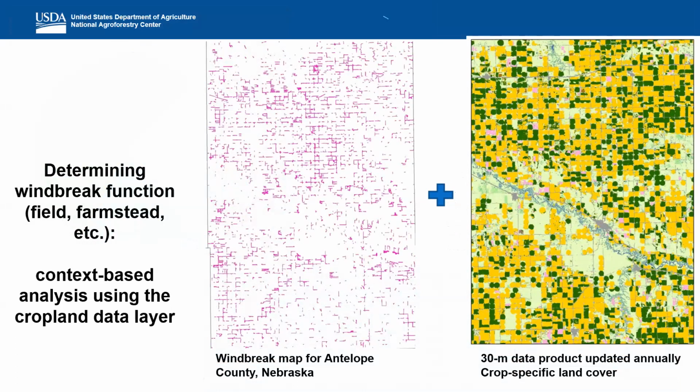Our hope is to also use this data with other data sets, such as the cropland data layer, which is an NASS product, National Agricultural Statistics Service, I believe. It's a lower resolution product, but it's updated annually. So we can use this to add more context-based analysis with our data.